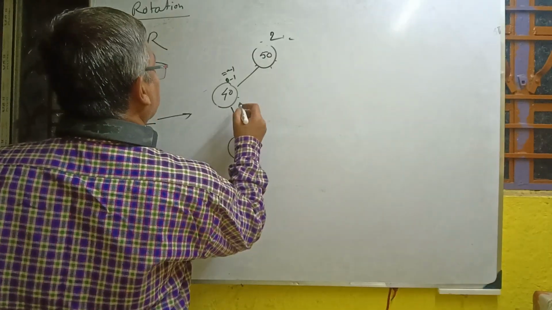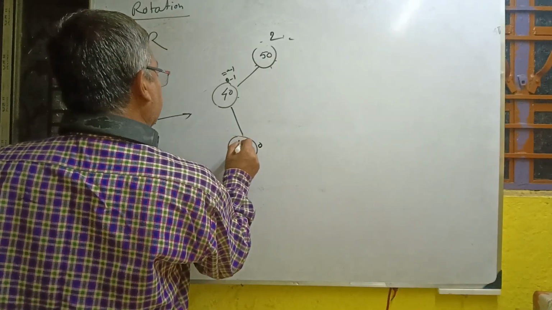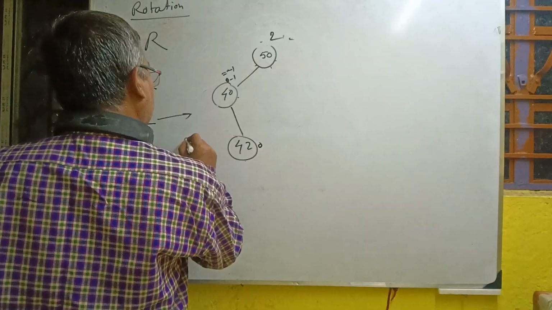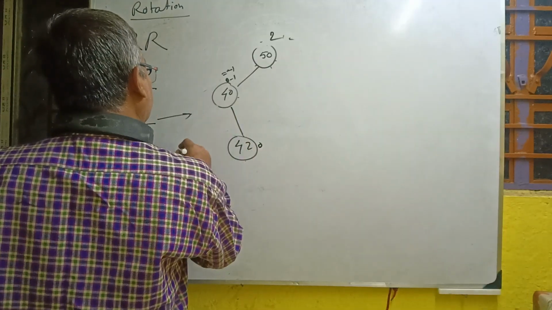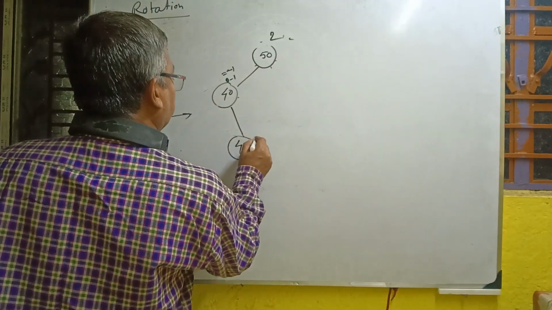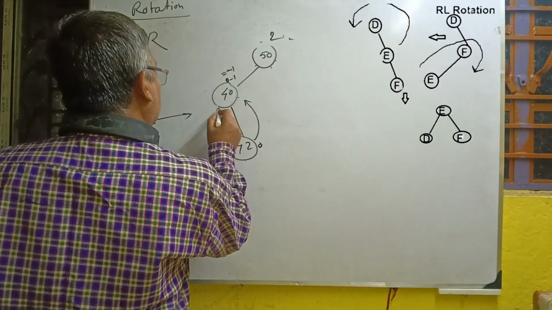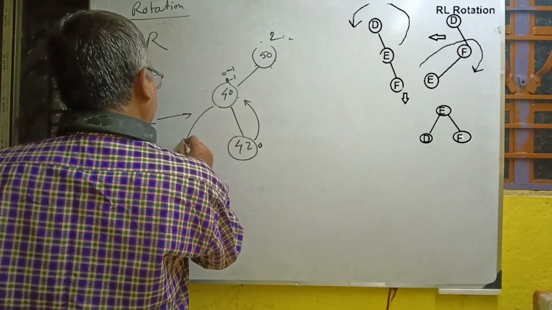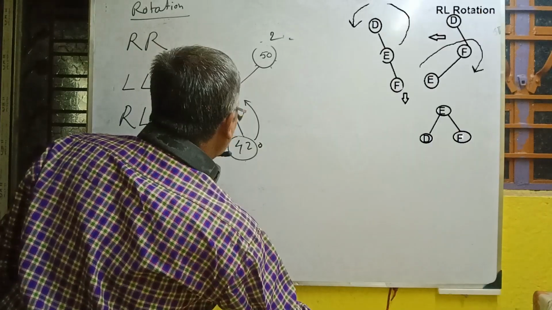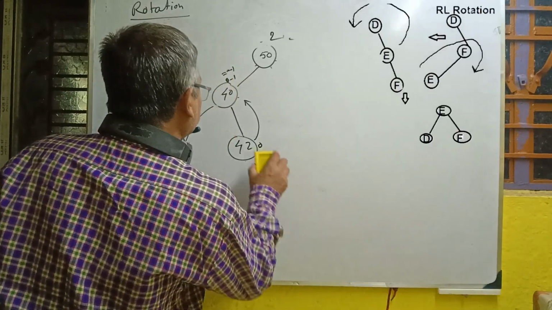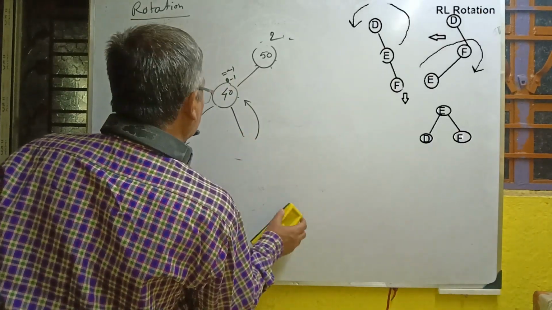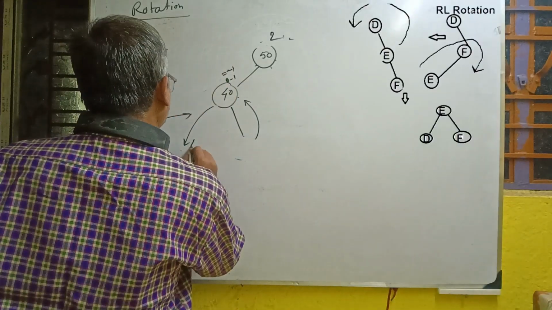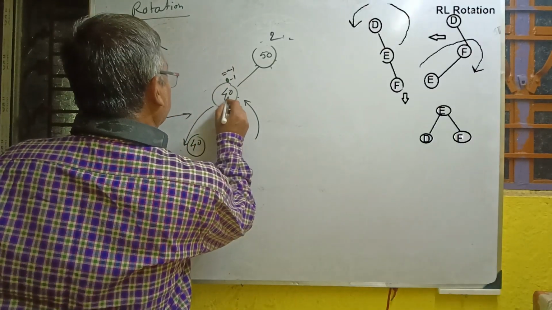What are the RL rules? The rule is that it will move left twice. This is a right child, so the movement will be left twice. So 42 will take the place of 40, and 40 will go to the left. 42 will come up at that point.